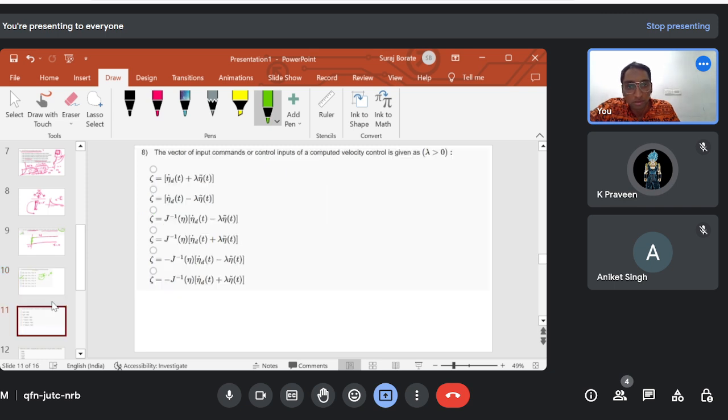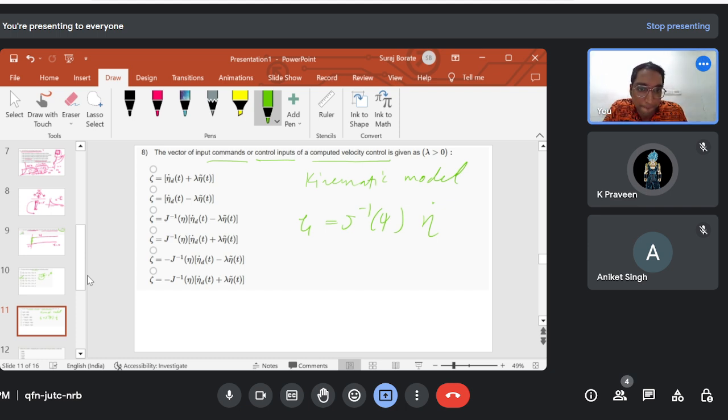Then the vector of input commands or control inputs of computed velocity control is given as. When we are saying velocity control, it means that we are using only the kinematic model, not the dynamic model. So what was our basic equation? It was zeta is equal to J inverse of eta into eta dot, right?